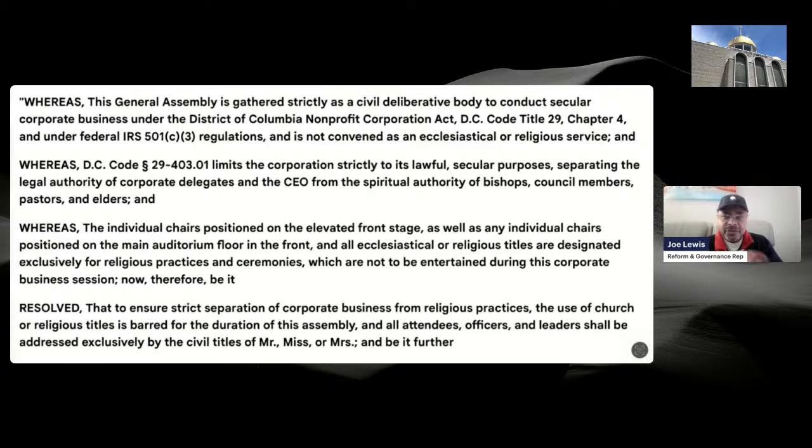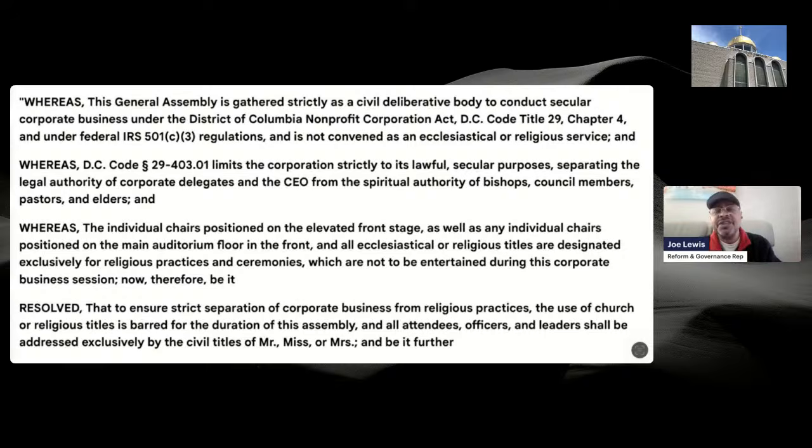Again, you will hear the introduction, and this is explaining why this special order is being placed as a motion for everyone to vote on it.